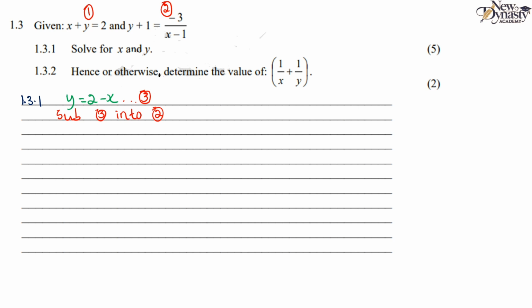The first term in the second equation is y, so I put 2 minus x plus 1 equals negative 3 divided by x minus 1. Simplifying this, we've got 2 plus 1, which is 3. So we're going to have 3 minus x equals negative 3 over x minus 1.